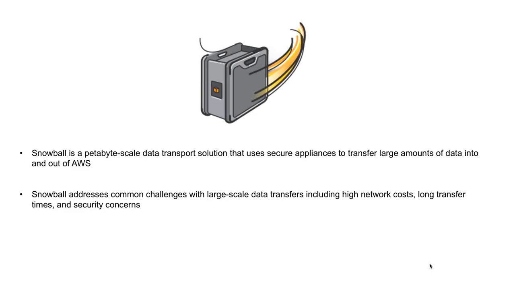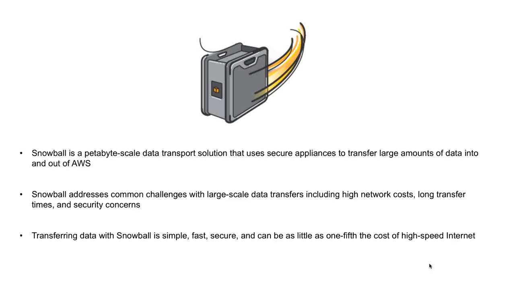Snowball addresses common challenges with large-scale data transfers, including high network costs, long transfer times, and security concerns. Transferring data with Snowball is simple, fast, secure, and can be as little as 1/5 the cost of high-speed internet.